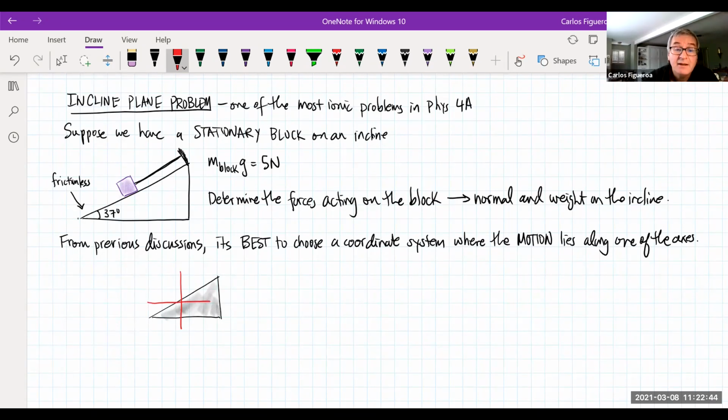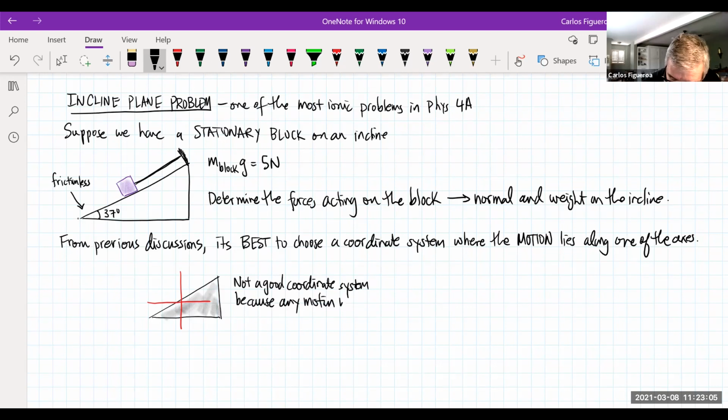But this is not a good coordinate system, because any motion will not be along one axis.